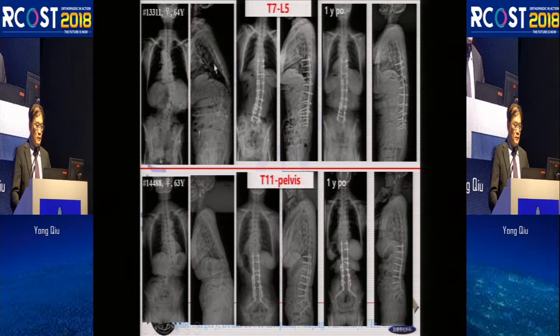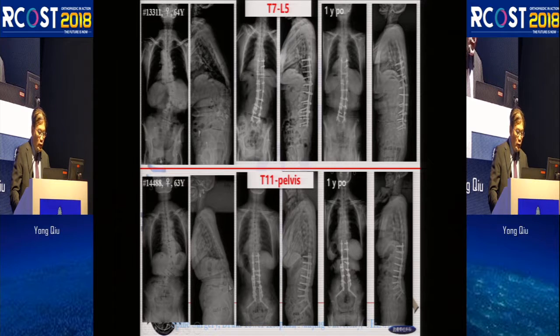For this patient, we did an osteotomy at the apex, L1 or T12, and instrumentation from T7 to L5, with one-year follow-up. The instrumentation holds up. For this patient, we did an L2 PSO and instrumentation from T11 to the pelvis.